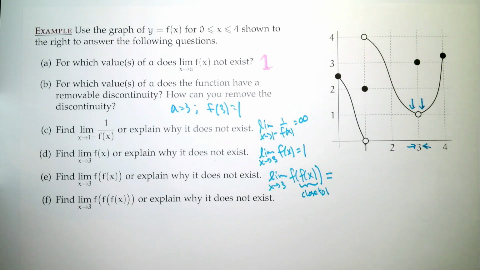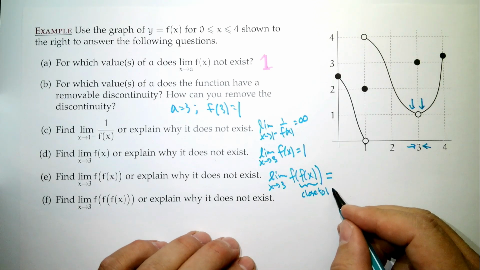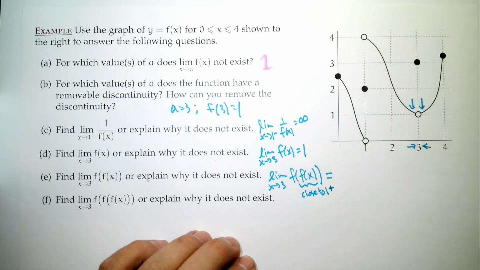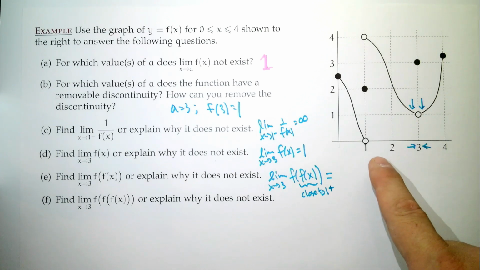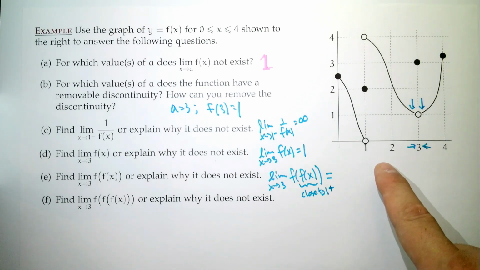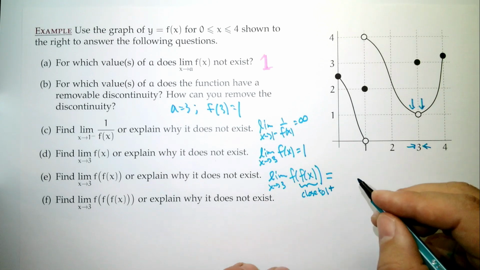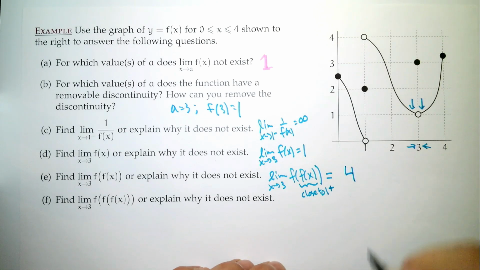So as x gets closer to 3, f of x gets closer to 1 from above. So what's happening is that my input now, my f of x, is getting close to 1 from the positive side. Well, what happens as I get close to 1 from the positive side? I approach 4. So the answer is 4.